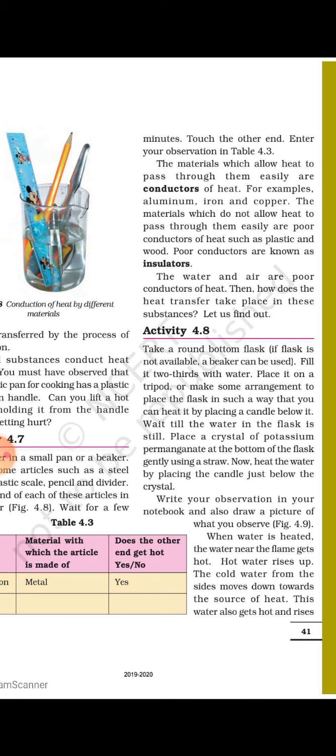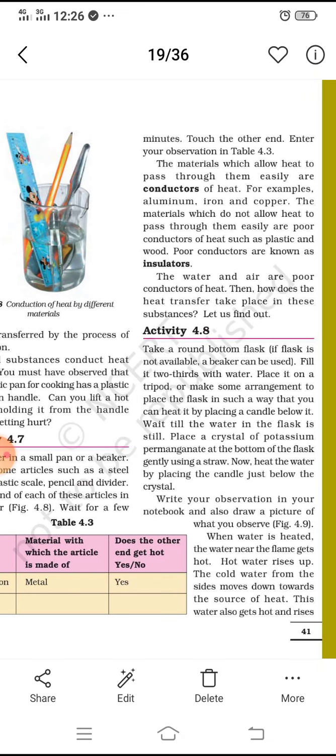Next one is insulators. Insulators are materials which do not allow heat to pass through them. Otherwise we can call them poor conductors. For example, plastic and wood. When we heat these, the heat won't pass from one end to the other end. That is called insulators.